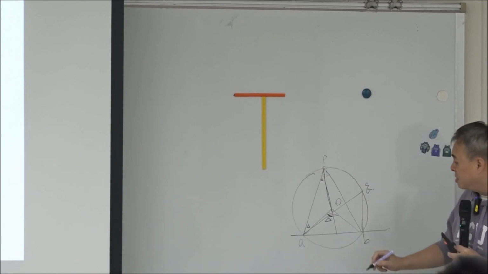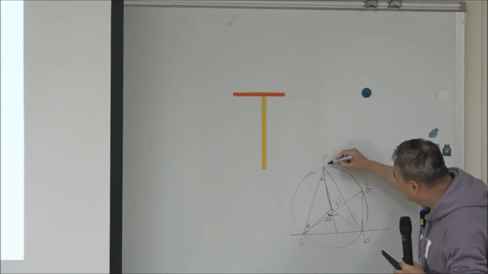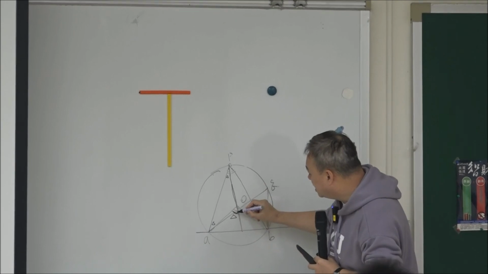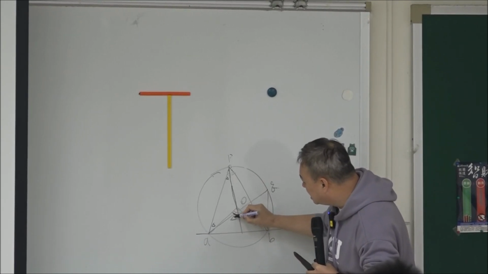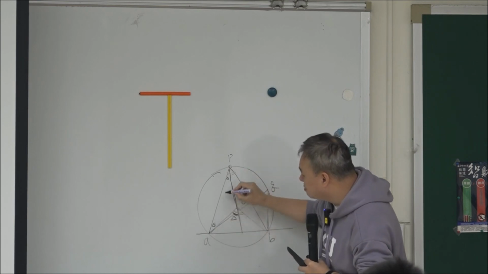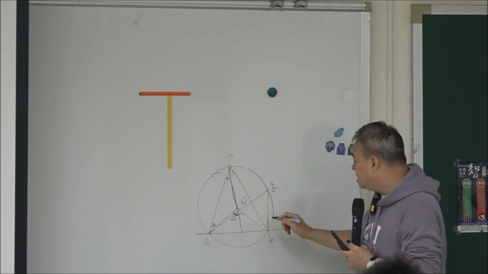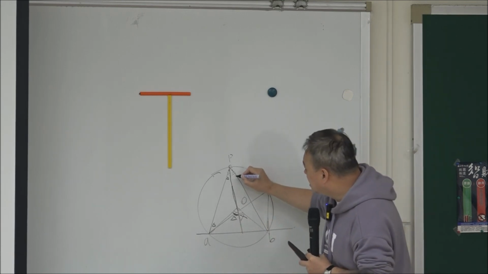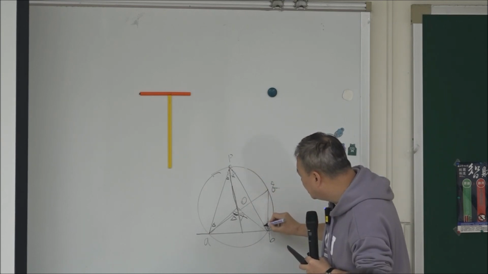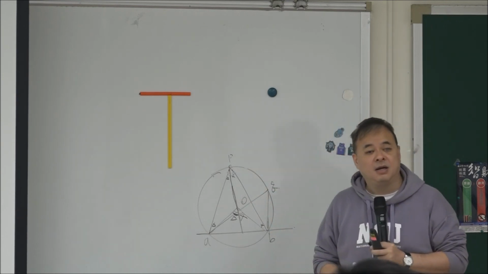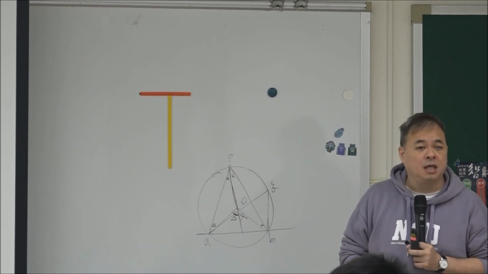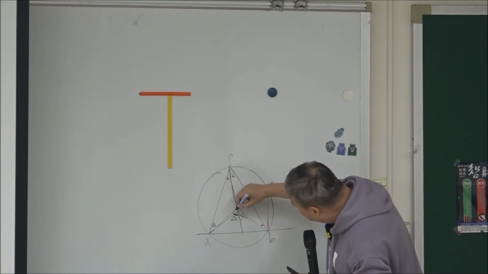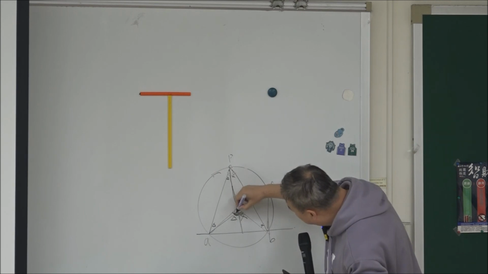Because when we draw a line PO and extend it past the point O, this big delta is the sum of these two small deltas, and this big cross is the sum of these two small crosses.